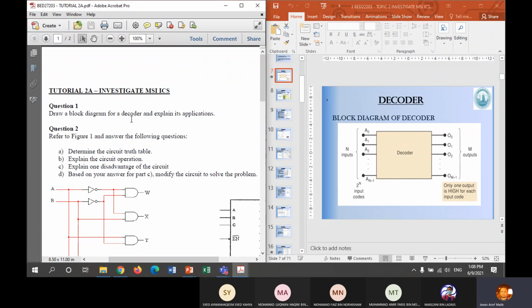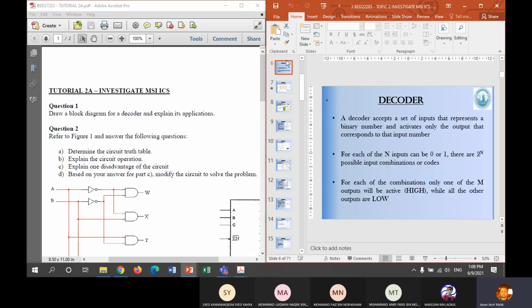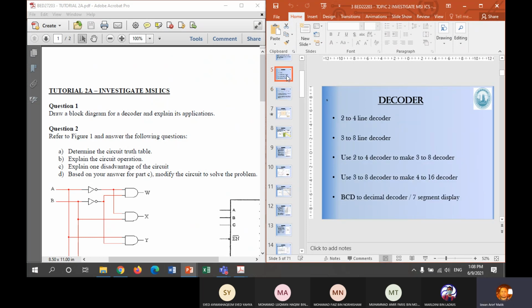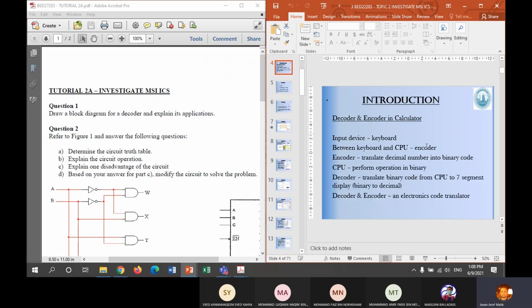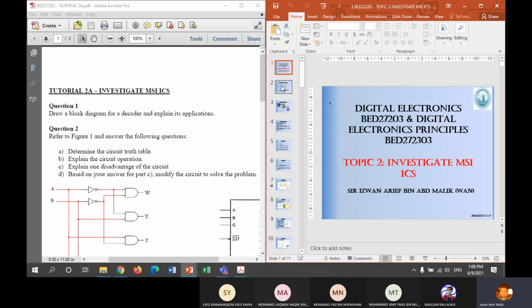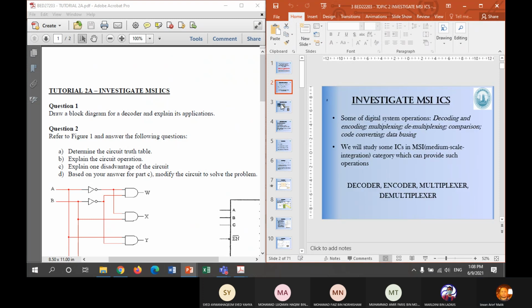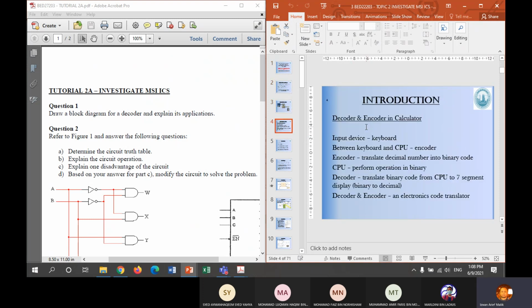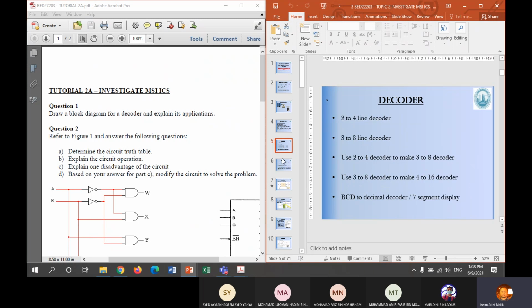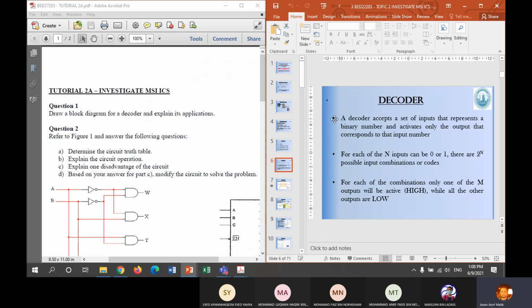So draw a block diagram of decoder and explain its application. So you just draw this block diagram and then application dia. Okay, so application dia you boleh discuss berkenaan dengan inilah.